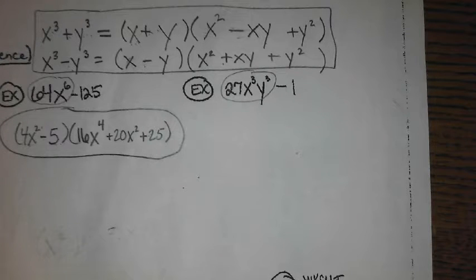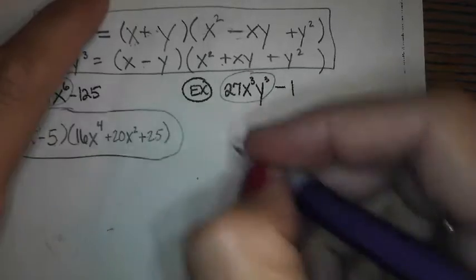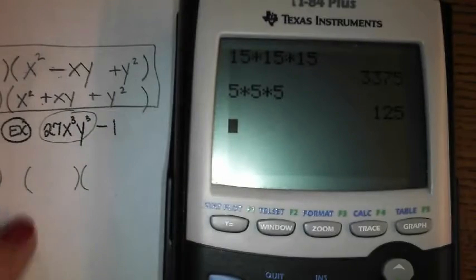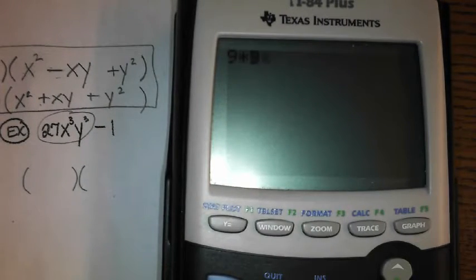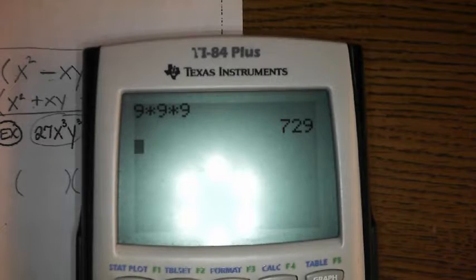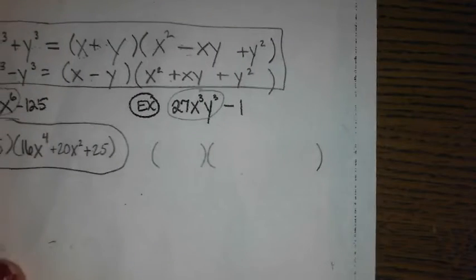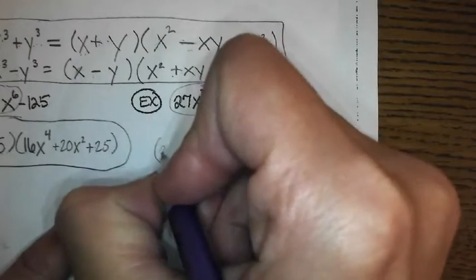Amazing. Nine xy. 9 times 9 times 9. Too big. 3xy.